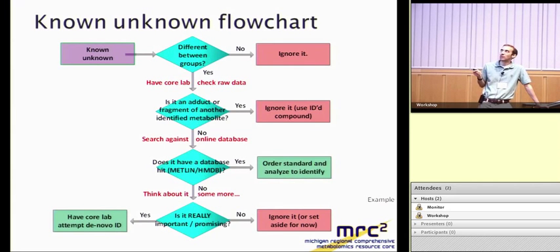If it's an adduct, then ignore it. You'll find out what you need to know about that compound when you look at the major species, the identified compound from that mass spectrum. Let's say it's not. Okay, well, now it's looking more potentially new and interesting.